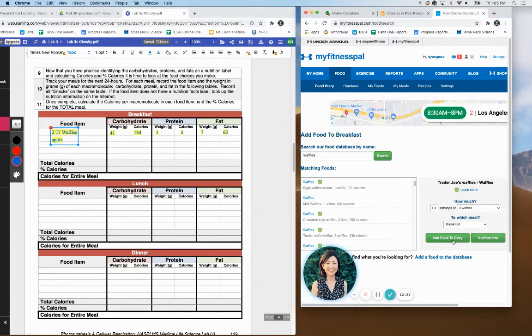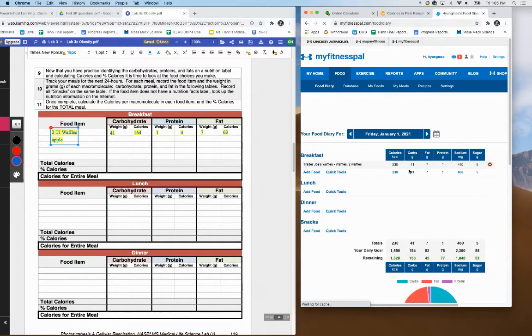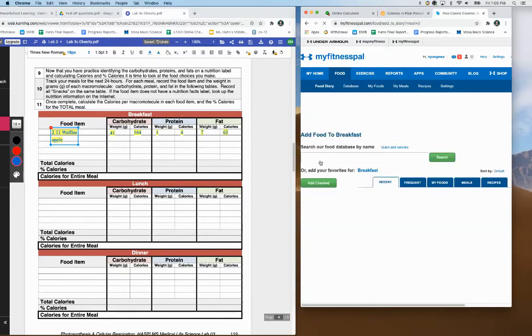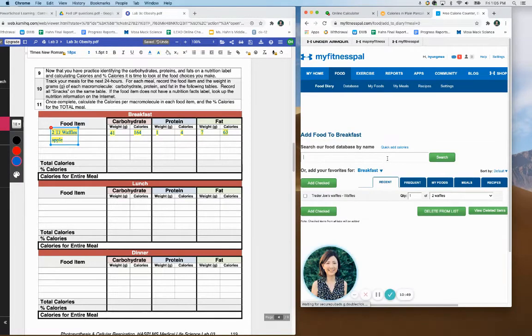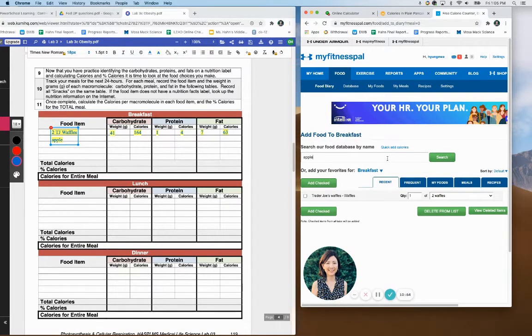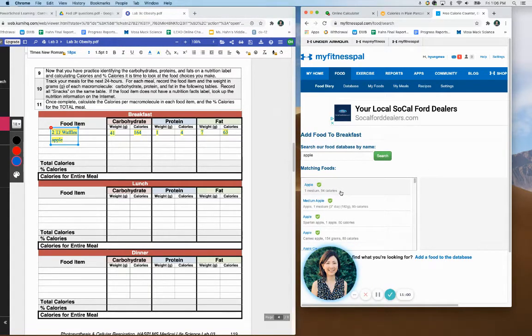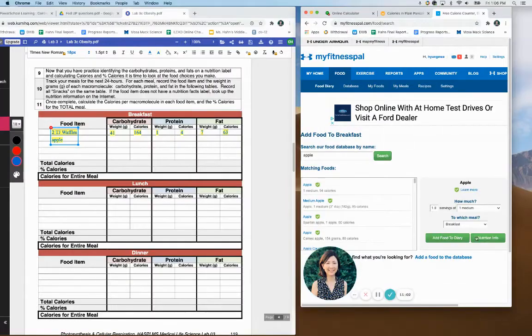I could add it to my diary, by the way, and it added it to my breakfast right there. So let's say I had an apple. I do like apples. By the way, if you had syrup, you need to add the syrup too. Okay, let's say I had a medium apple.